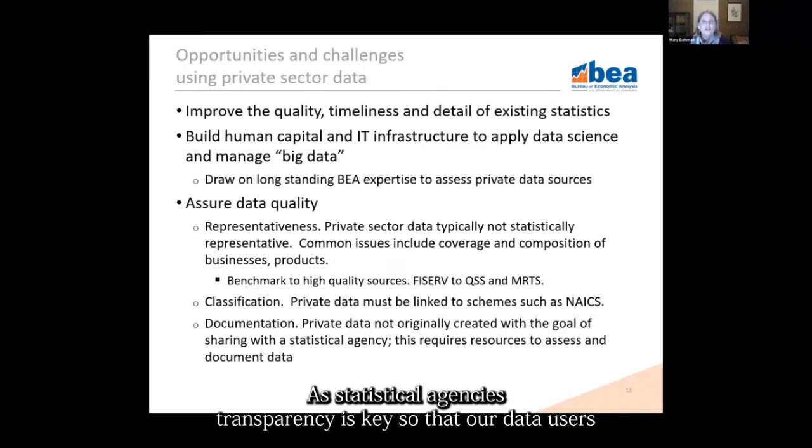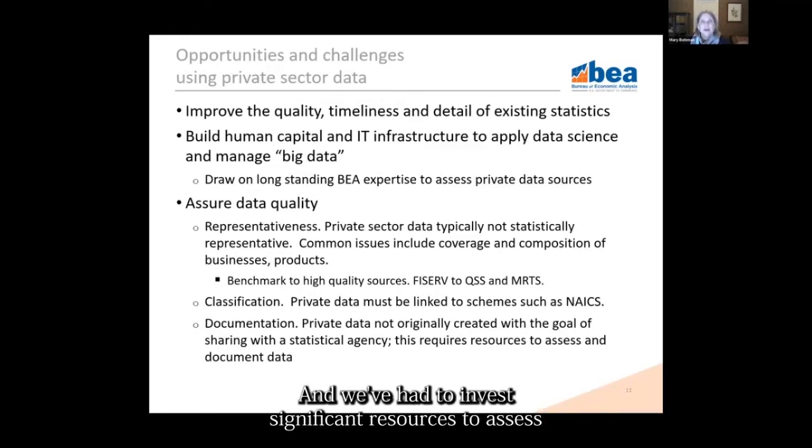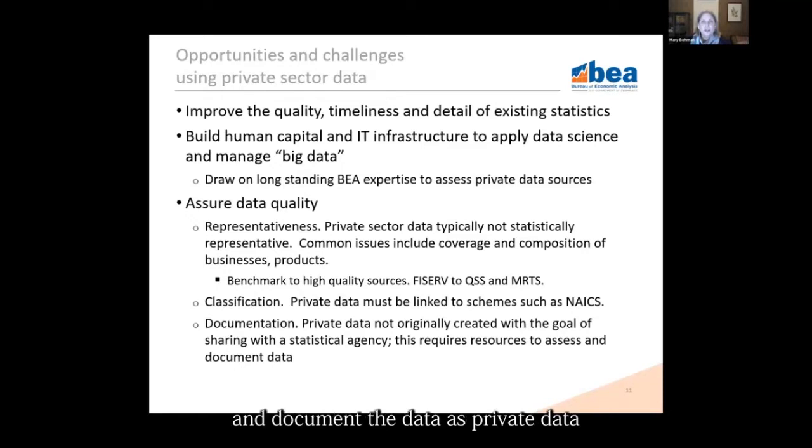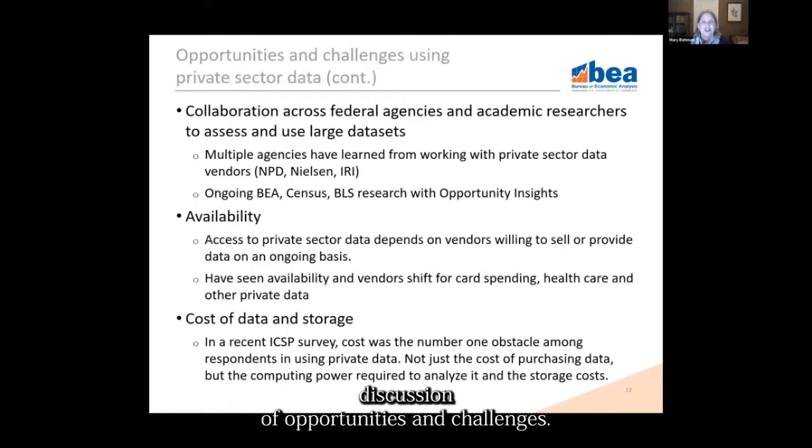As statistical agencies, transparency is key so that our data users understand our methods and sources, and have ongoing trust in what we do. And we've had to invest significant resources to assess and document the data, as private data was not originally created with this goal in mind. And now my final slide, just to continue this discussion of opportunities and challenges.